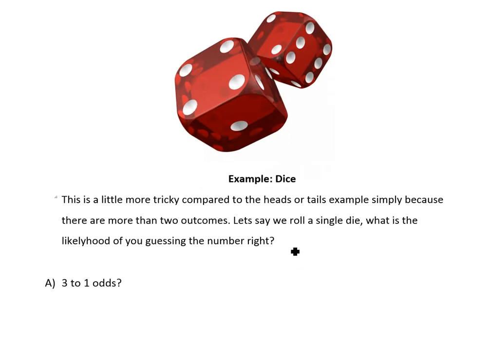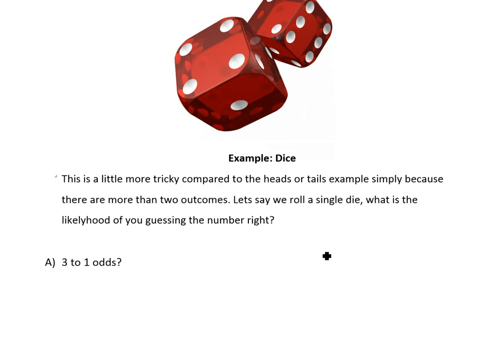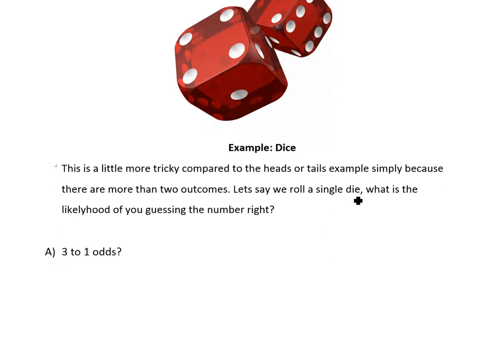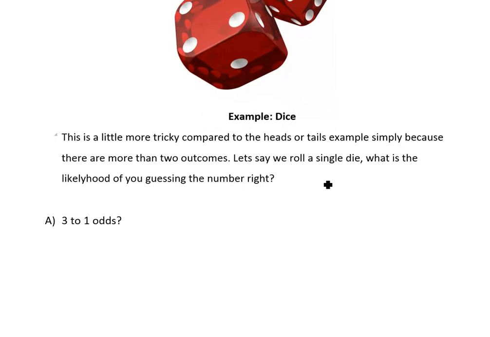This is a little bit more tricky because there's more than just 2 outcomes. There are 6 total outcomes, for 1 to 6 on the different sides of the cube. So let's say we roll a single die. A die is just the singular of dice, which is plural. What is the likelihood of you guessing the right number? The odds are quite simple.